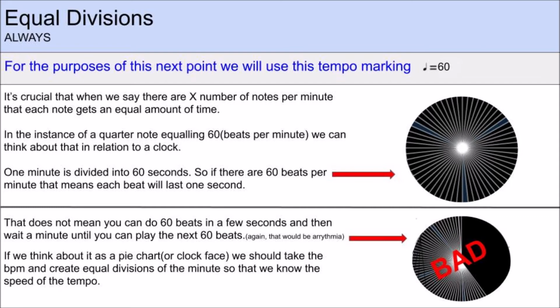That would sound like this. As you can probably guess, we still have quite some time left in our minute. It is important to remember that we always want our pulse, or our beats per minute, to be spaced out as evenly as possible.